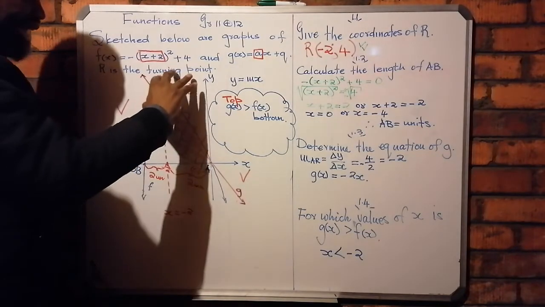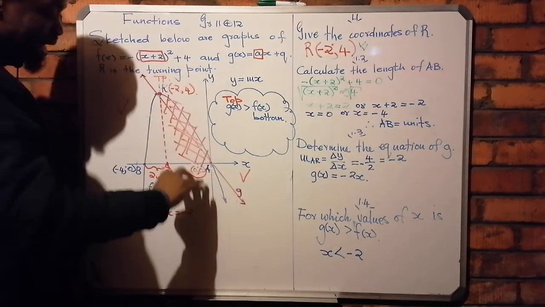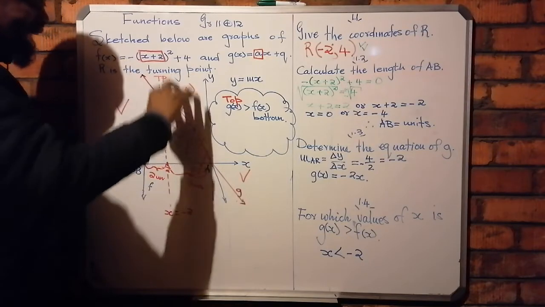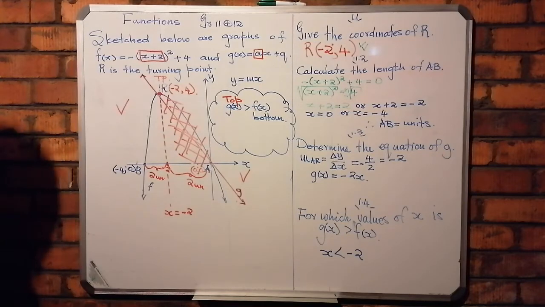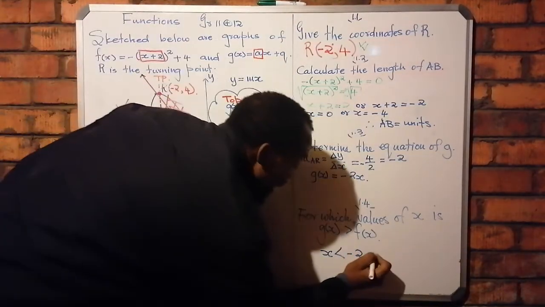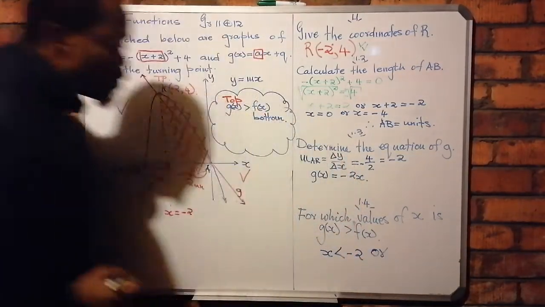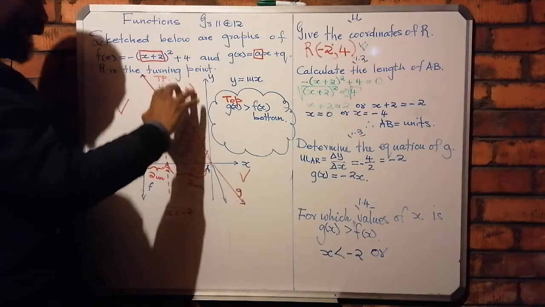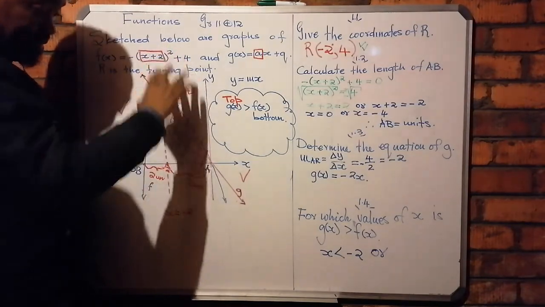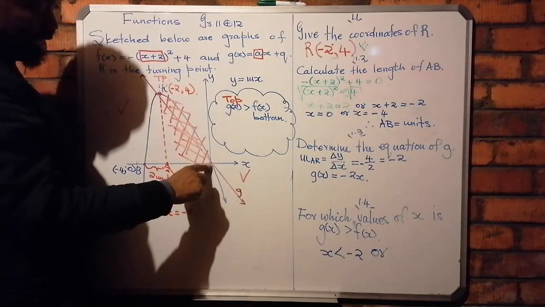Can you see that I have what I don't want there? It means it is not an intersection, but it is a union. That is why I'm going to put an OR there. Then it means now I don't want this. Now I go there.